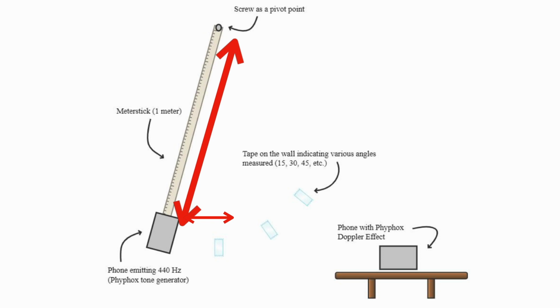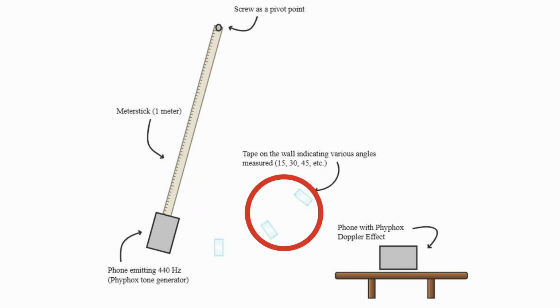For example, if we were testing 15 degrees, the 100 centimeters would be the hypotenuse, while the x value would be the opposite. Thus, in our calculations, we can use sine 75 is equal to x over 100, with x being sine 75 times 100, for example. Like that, we would be able to find the horizontal values and mark those values on the wall with tape.